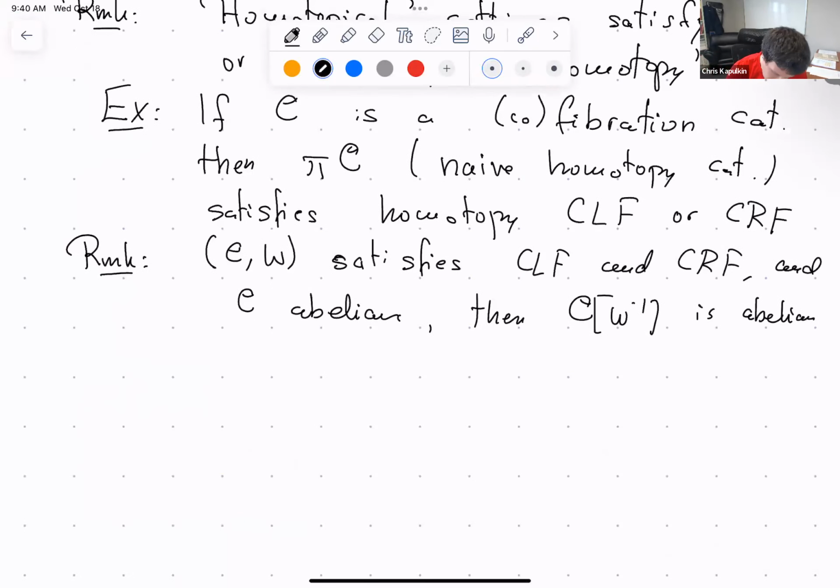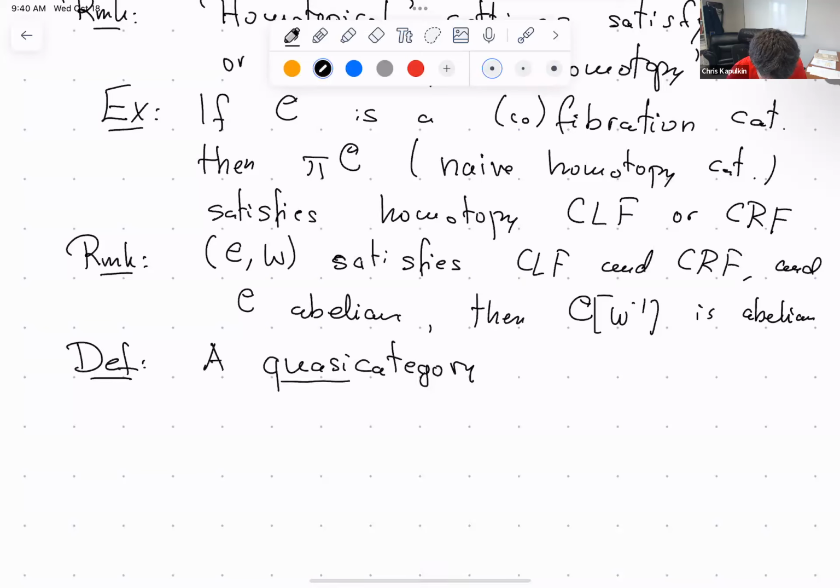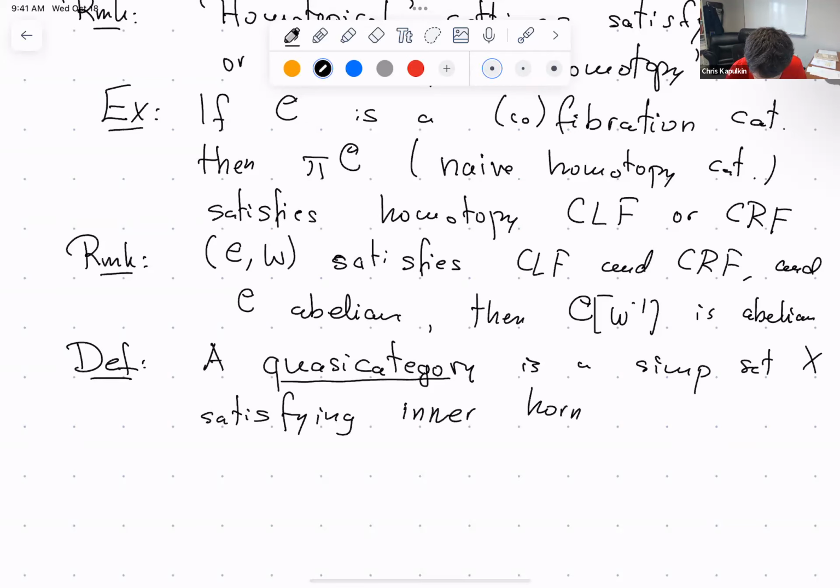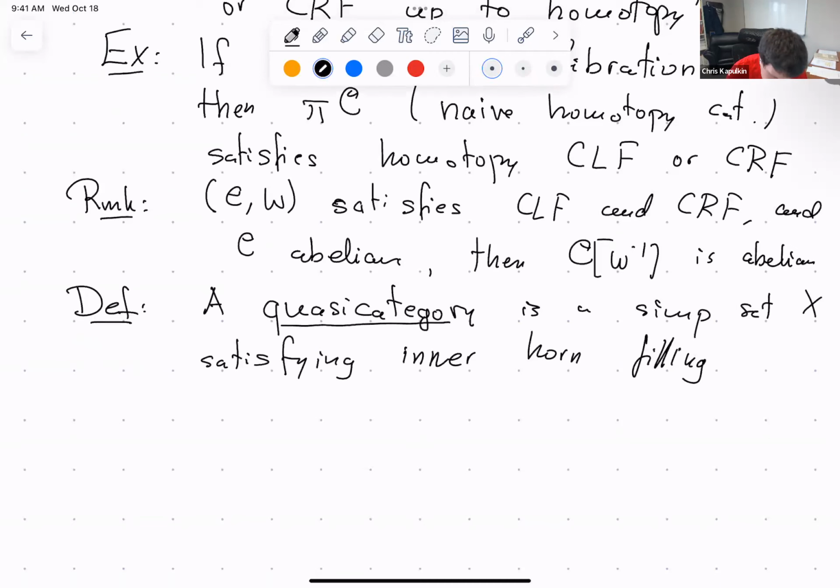So let me start by just very quickly reminding you what quasi-categories are. A quasi-category is a simplicial set X satisfying inner horn filling. And what that means is, well, I have those horns Lambda^n_k, right?